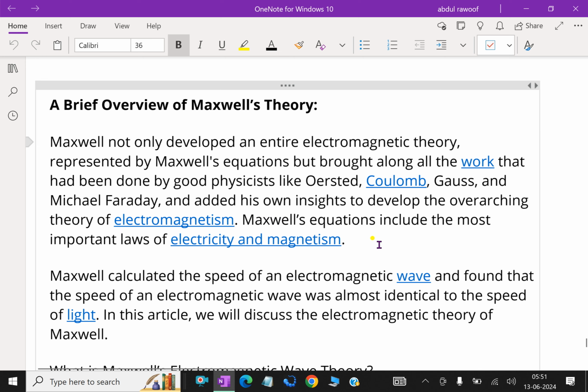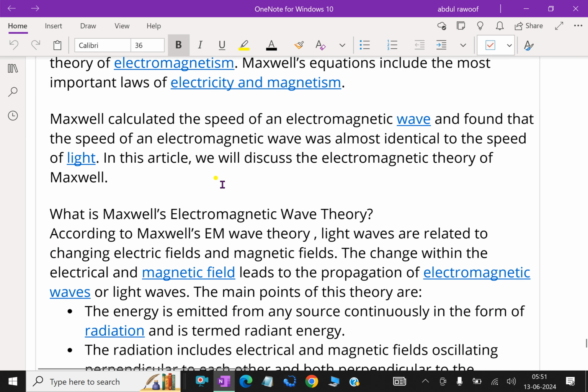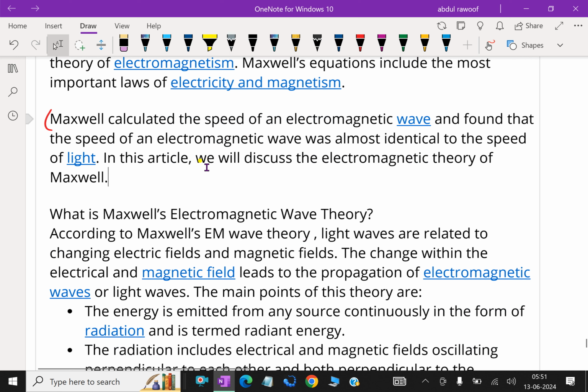Maxwell's equations include the most important laws of electricity and magnetism. Maxwell calculated the speed of an electromagnetic wave, and he found that it was almost identical to the speed of light.